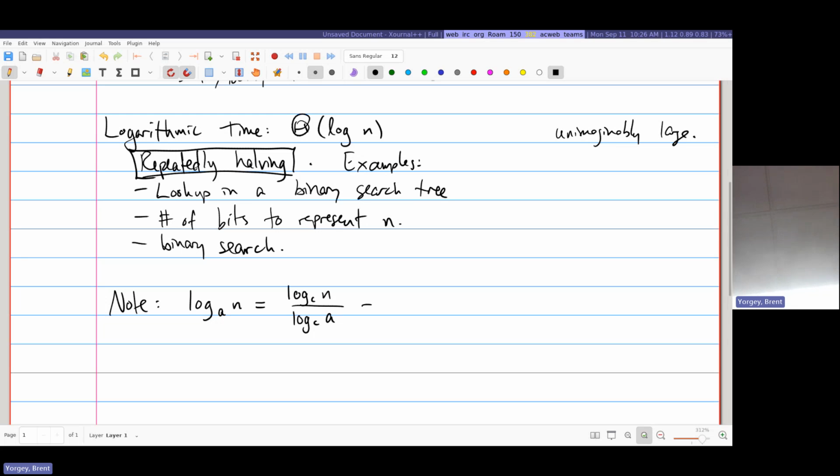But the point is, what is this? This is log base A, and this is log base C, and it's divided by something, which I can factor out like this. So log base A of n is this thing times log base C of n. But notice this thing here, 1 over log base C of A, doesn't have n in it. It's just a constant.